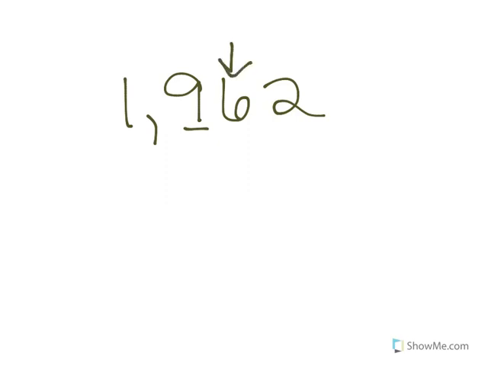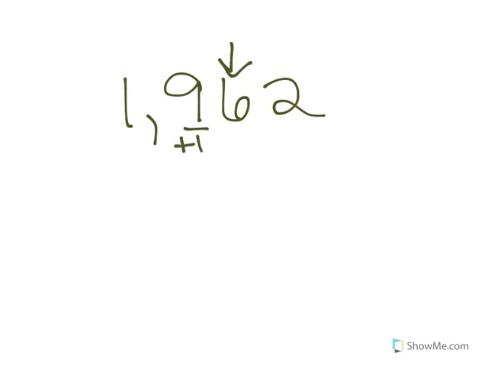So let's take another look at an example of something else that could apply to this. We have the number 1,962, and I want to round to the nearest 100. So I'm going to look next door at my 6, and well, the 6 tells the 9 to add 1 more.